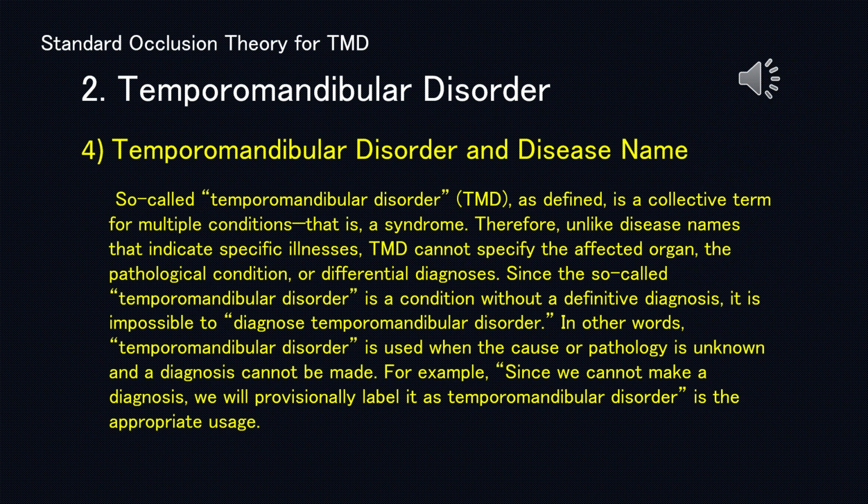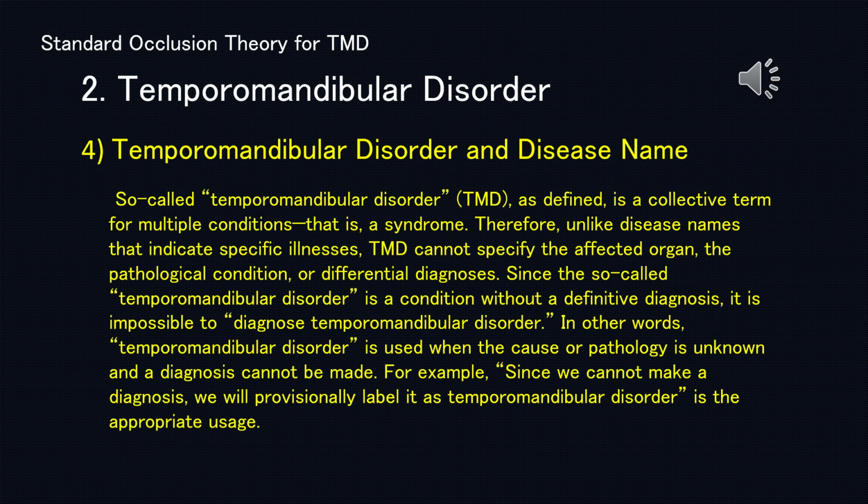4. Temporomandibular disorder and disease name. So-called temporomandibular disorder, TMD, as defined, is a collective term for multiple conditions, that is, a syndrome. Therefore, unlike disease names that indicate specific illnesses, TMD cannot specify the affected organ, the pathological condition, or differential diagnoses.